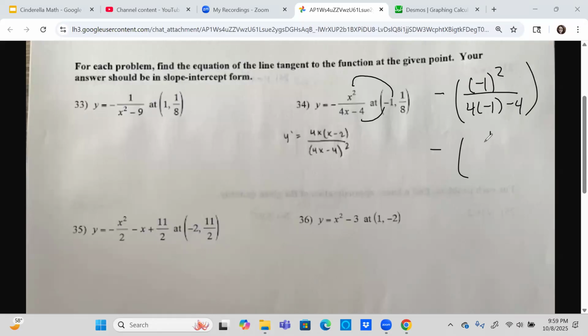So that would be 1 over negative 8. So that would be negative, negative. Yeah, no, that's fine. Okay. Give me one second. I'm going to pause the recording. Be right back.